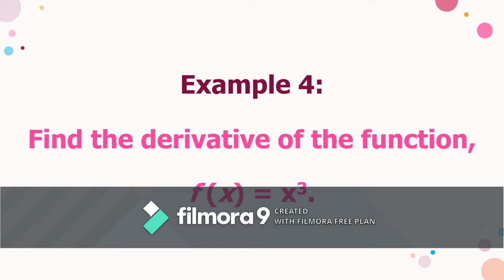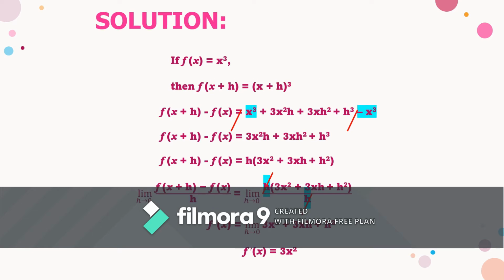Okay, we have the fourth example. Find the derivative of the function f of x is equal to x cubed. We have now the solution. So if f of x is equal to x cubed, then f of x plus h is equal to the quantity x plus h raised to the third power. Okay?